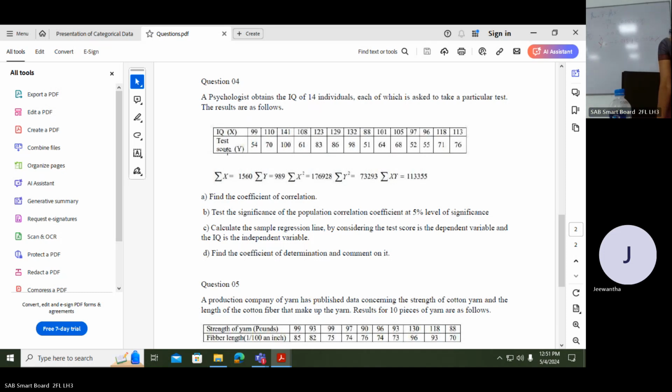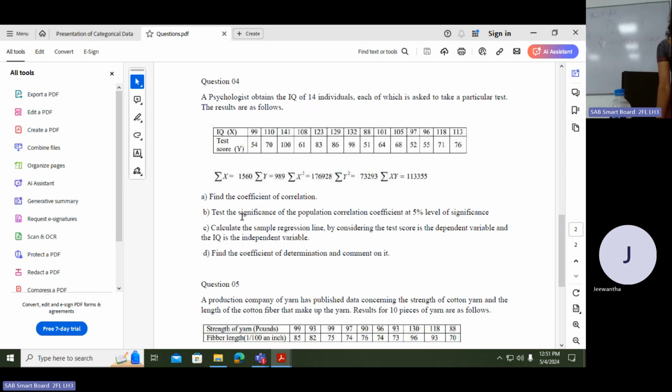The first one asks to find the coefficient of correlation. What does that mean? You want to find the value of the simple R. Based on the value, you can find the strength of the relationship.